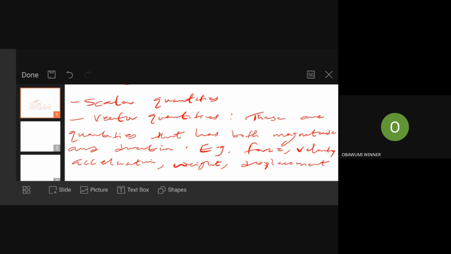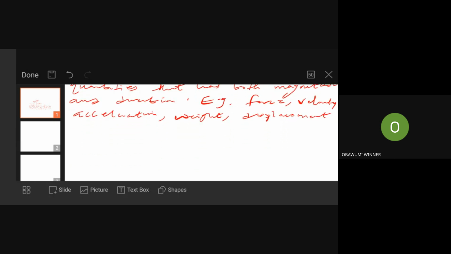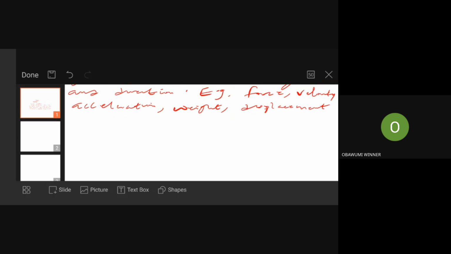It means that in addition of vectors, we have to always put their direction into play. In scalar quantities, we don't consider direction, all right? Let me give you a clear example of what I mean.